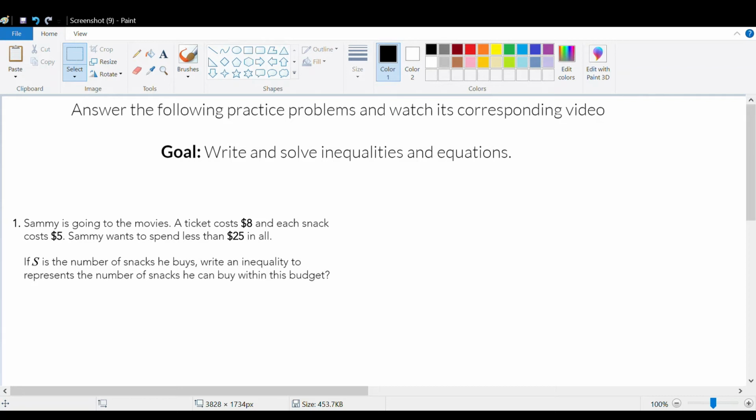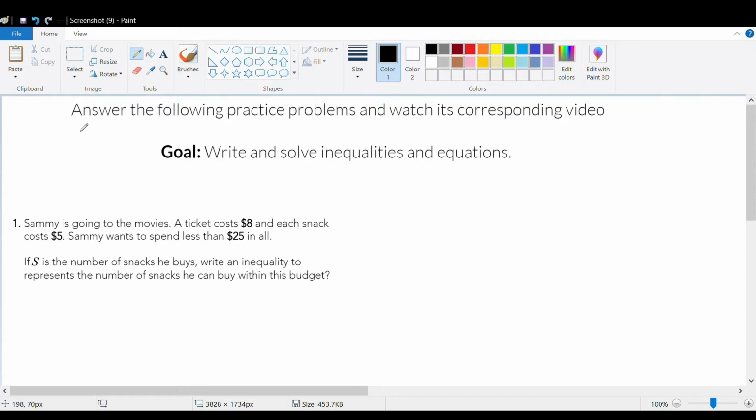Hello everybody, welcome to the first question of the third exercise in the first lesson in the second unit of algebra. So, as usual, let's get our marker here and let's first read the directions. As usual, it's simple directions for every lesson 3 question.